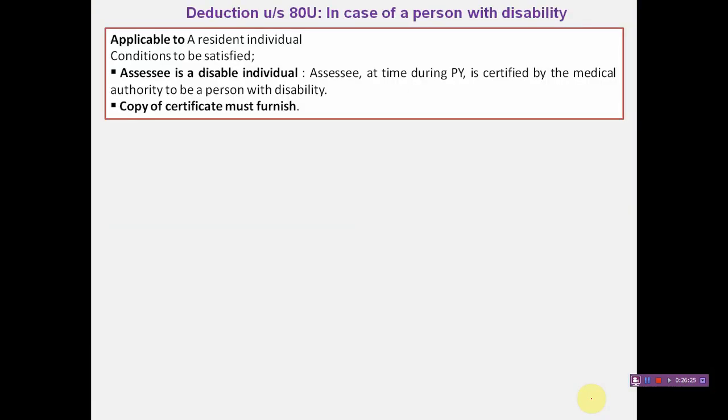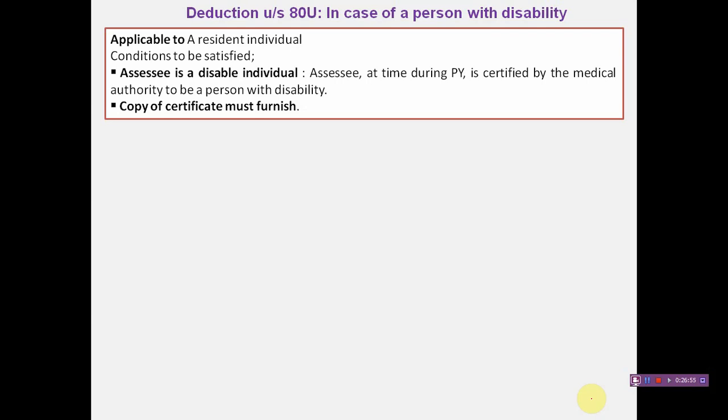The next deduction, it is the last one, deduction under section 80U. It is in case of a person with disability. Here an assessee is a disabled person. It means this deduction is applicable to a resident individual who is a disabled person.